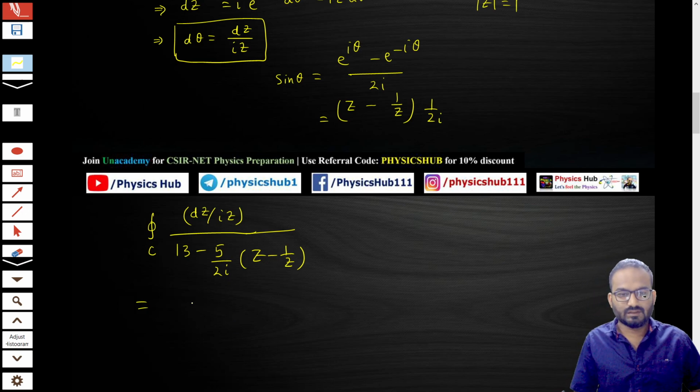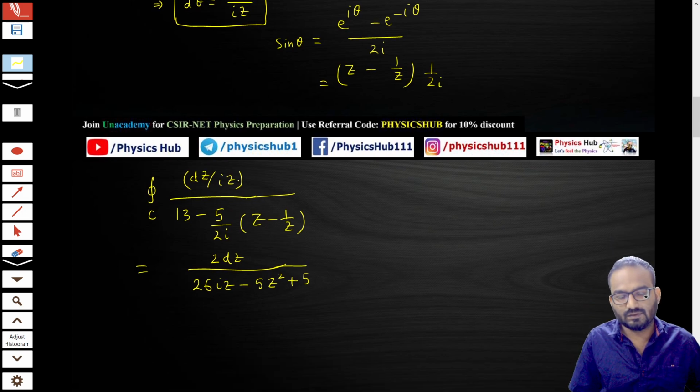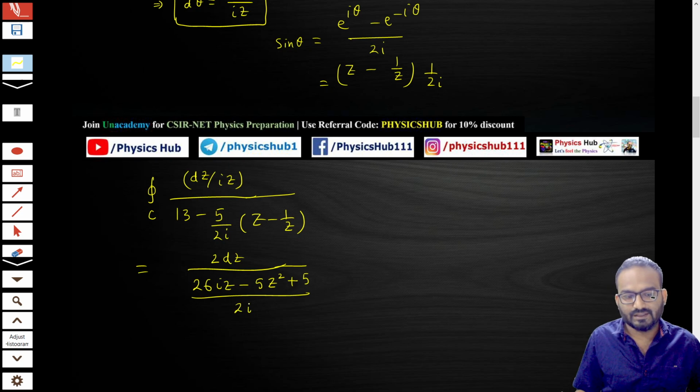Now simply simplify this. So what will you get? This 2i, this i get cancelled, so 2 into dz divided by 26 iz minus 5 z square plus 5, and this 1 by z is also coming, that is why you are getting 2iz.